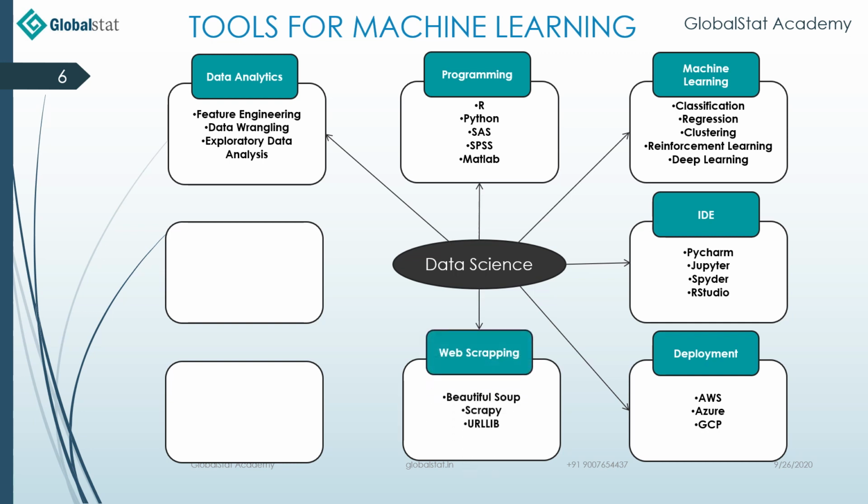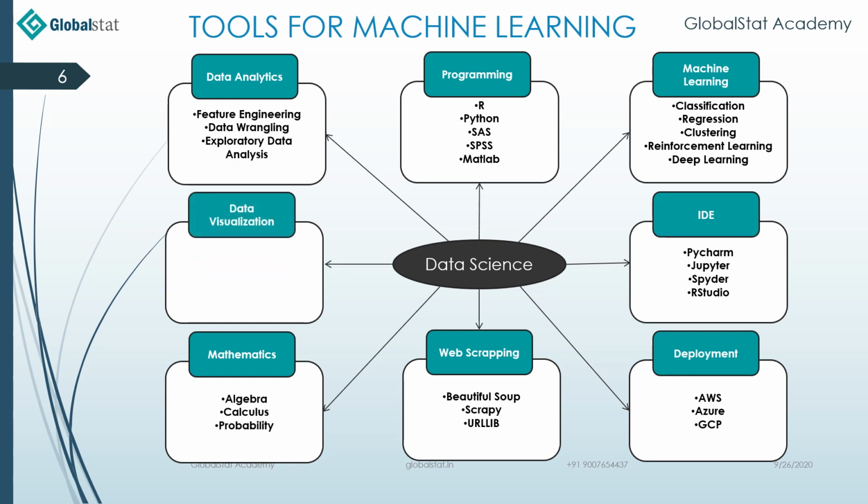You can also do the web scraping part with the help of Beautiful Soup, Scrapy, urllib. Next is mathematics. It covers algebra, calculus, probability. Next comes data visualization. It includes Tableau, Power BI, R, Python.